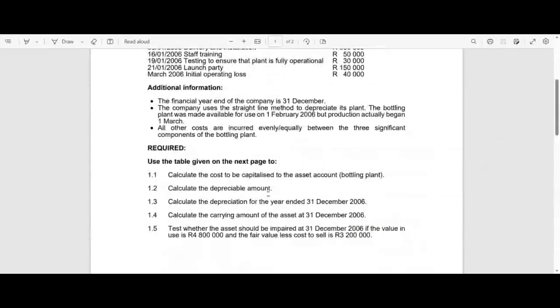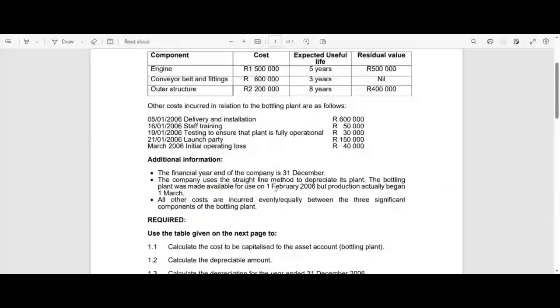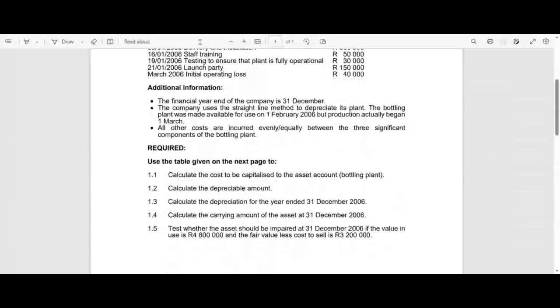Right. Now the next thing we've got to go and calculate is our depreciable amount. Let me just check that. Calculate the depreciable amount. Right. So when we have to calculate the depreciable amount, let me just move away from my answer there and ask you, how do we do that? What is our depreciable amount? Let us first talk about it philosophically.